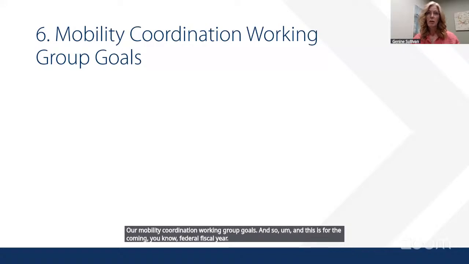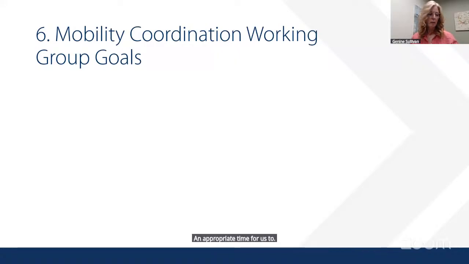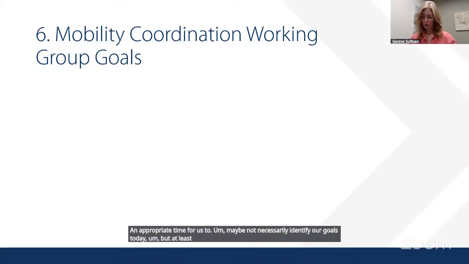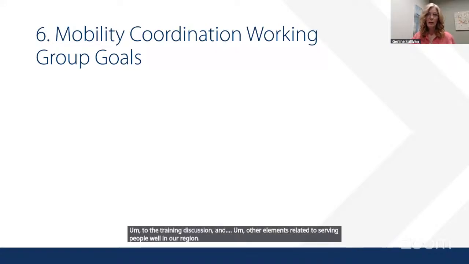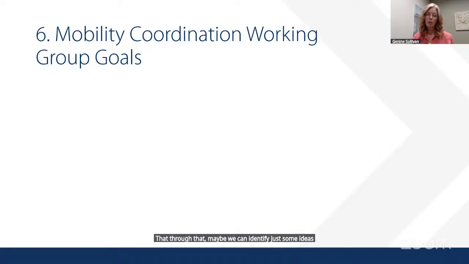I thought it would be an appropriate time for us to maybe not necessarily identify our goals today, but at least through the things that we have been talking about today, such as a day where we might have some kind of platform where people can book trips and see all the different legs of the trips through various providers, to the training discussion and other elements related to serving people well in our region, maybe we can identify just some ideas of things we'd like to tackle this year, and make those part of our working group goals for the next federal fiscal year, right? The one that's coming to pass here in October.